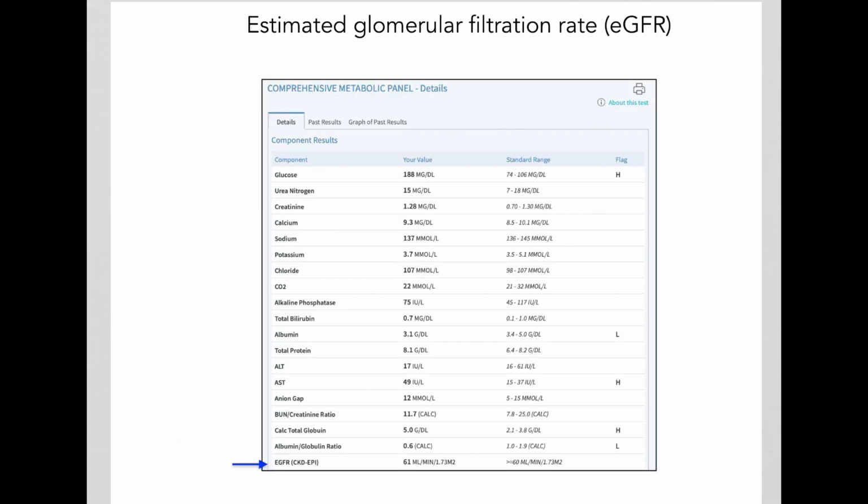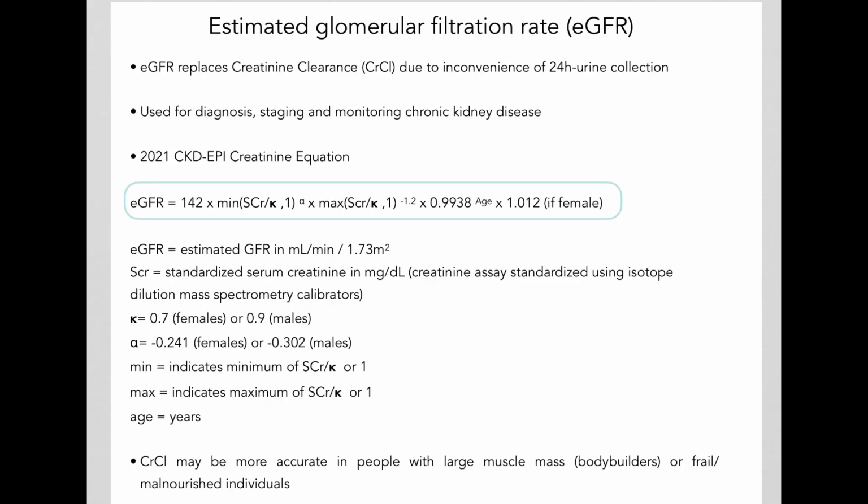A popular method to determine the glomerular filtration rate, which is part of the comprehensive metabolic panel used by a lot of hospitals, is the CKD-EPI formula for estimating the glomerular filtration rate.